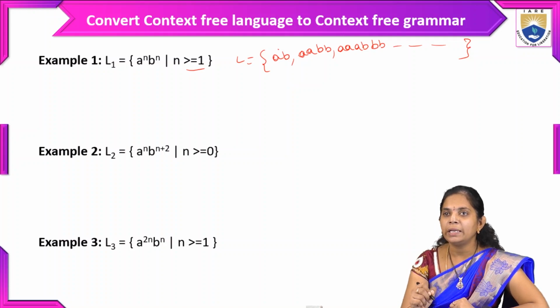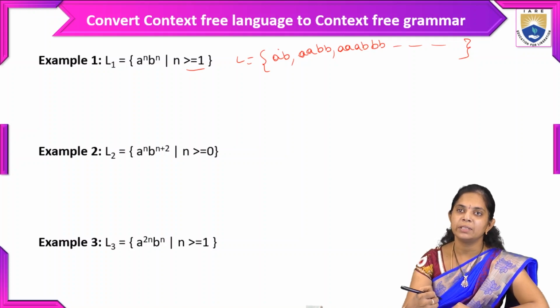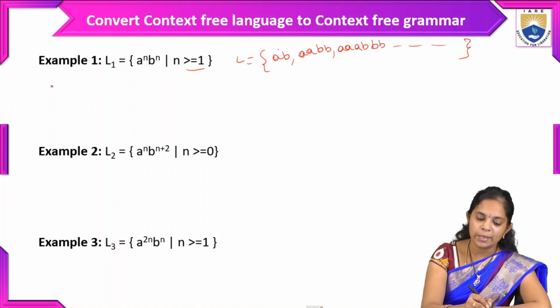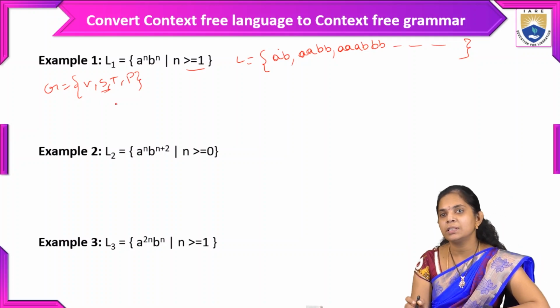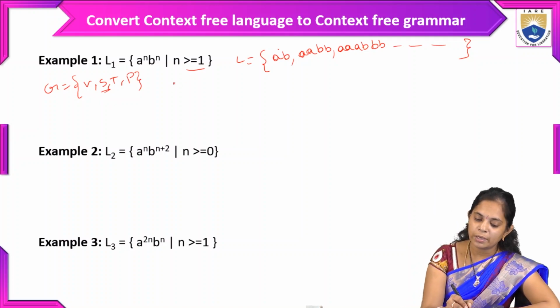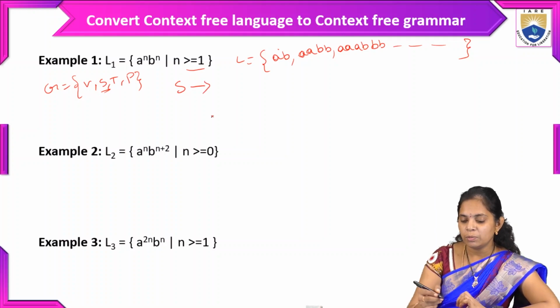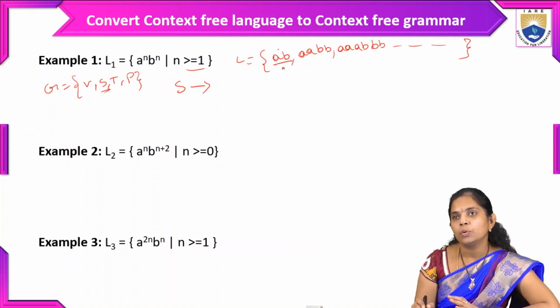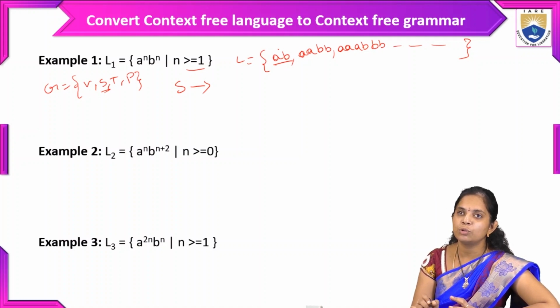So how will we represent this language in a grammar? A grammar requires V, S, T, P. In that, first is the start symbol, so we represent S. S tends to AB, the minimum length, since whenever we have a value, AB should be there.